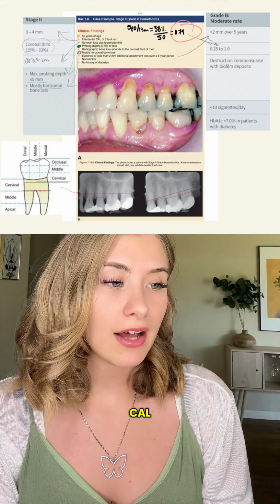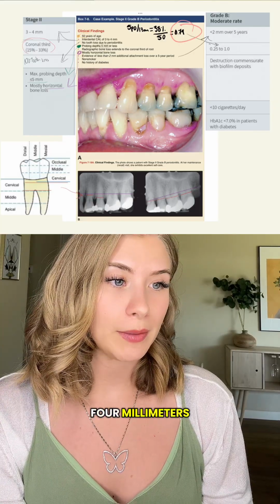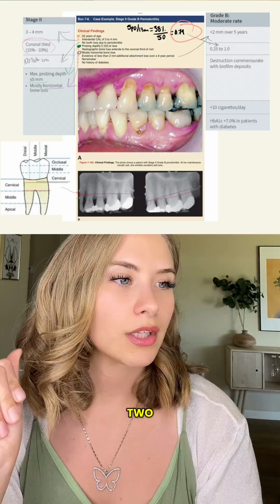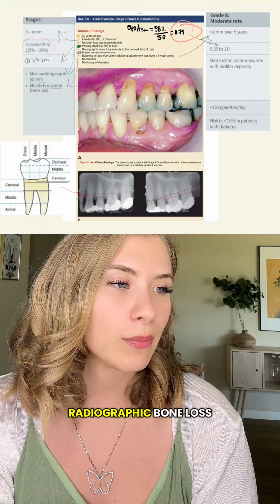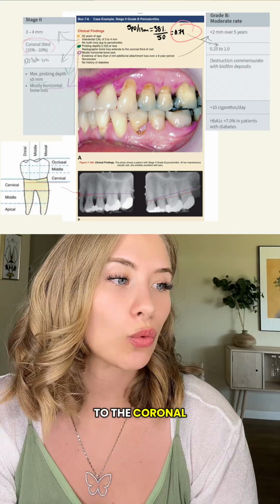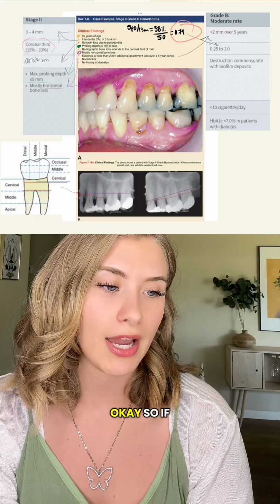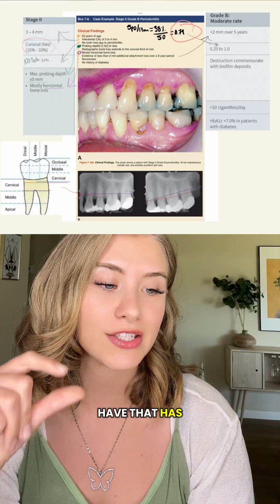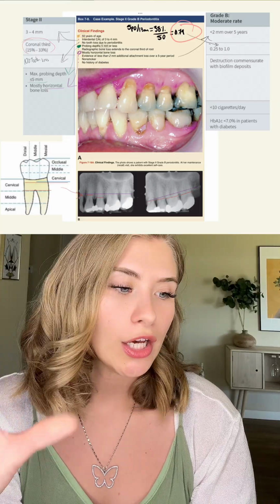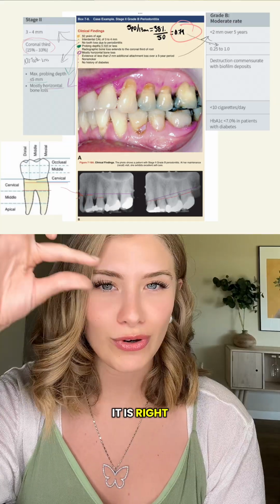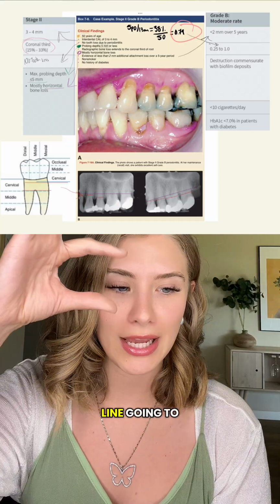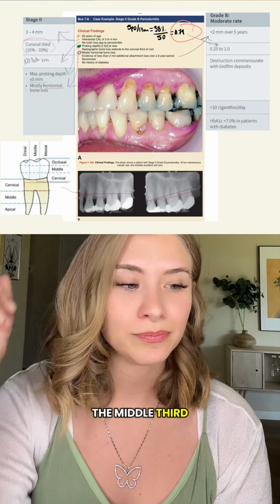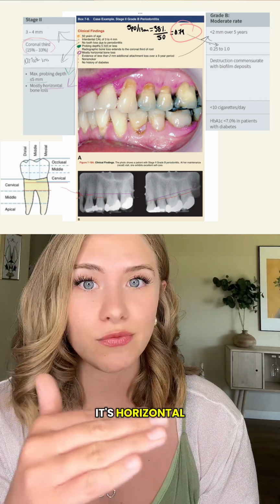Their interdental CAL, like I said, is 3 to 4 millimeters, so that brings them to stage 2. You see that the radiographic bone loss extends to the coronal third of the root. If you look at the little tooth model that I have with cervical, middle, and apical, you'll see that it is right past that cervical line, going to the middle third, but almost. And it's horizontal, if you see by the purple line.